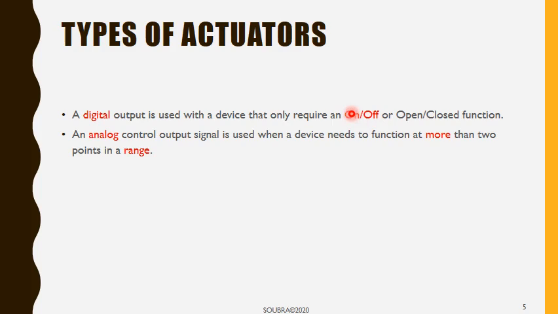So imagine that you need to output more values in order to have different states or different operational modes. What can you think of? What type of actuators could be commanded like that?